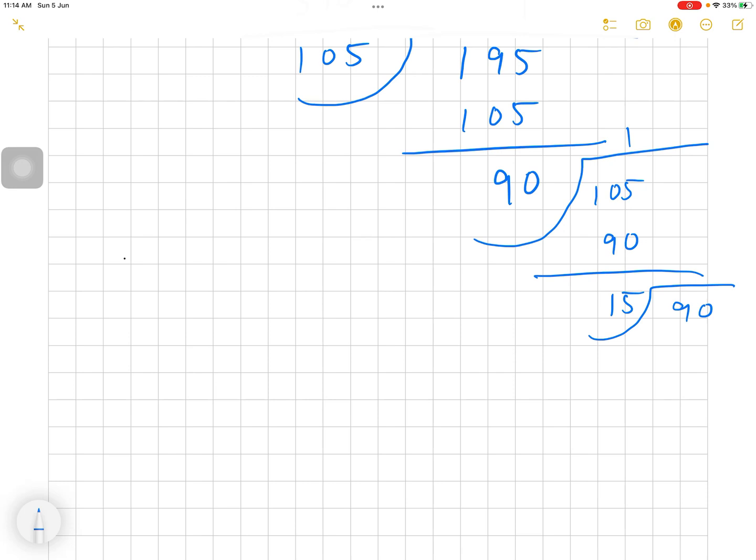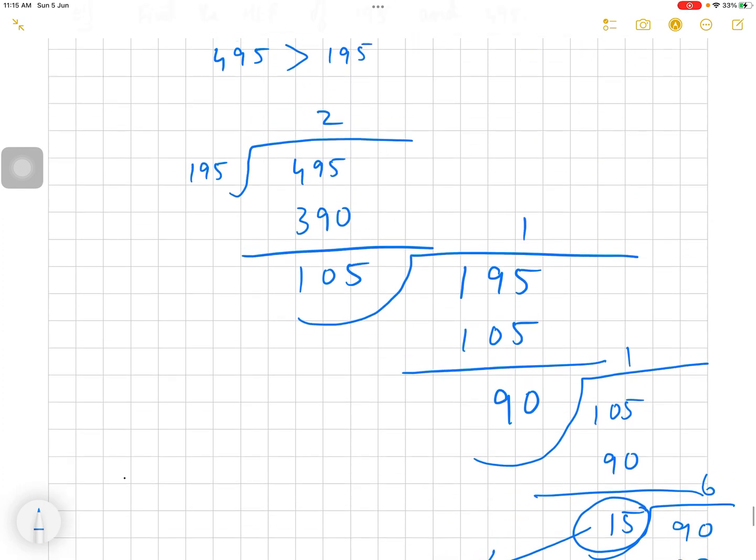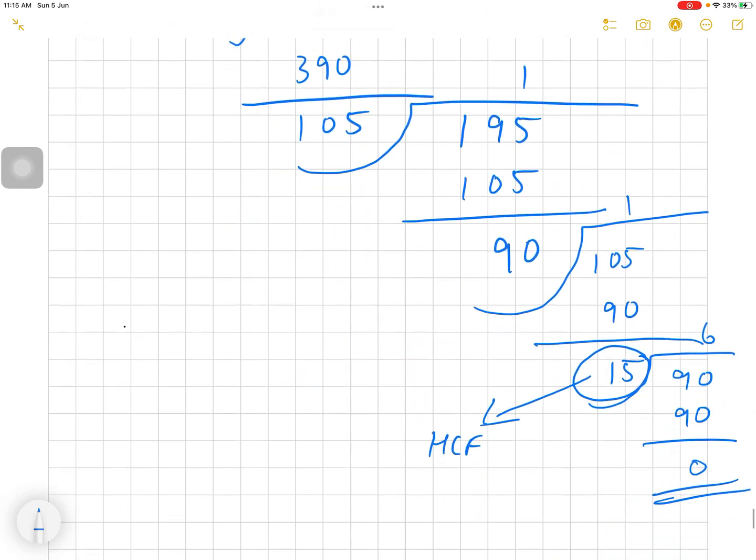Now 15 6s are 90. Correct. Now my remainder is 0. So my HCF is the last divisor, 15. This is how you solve this.